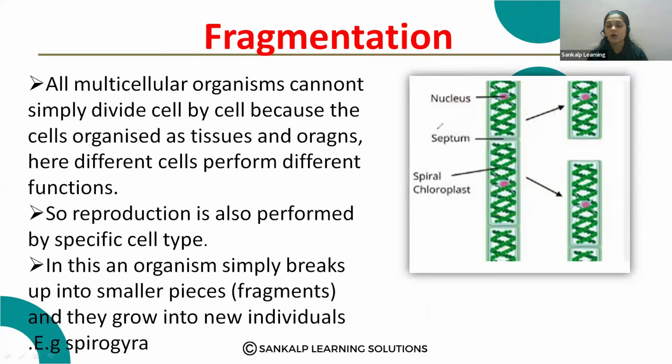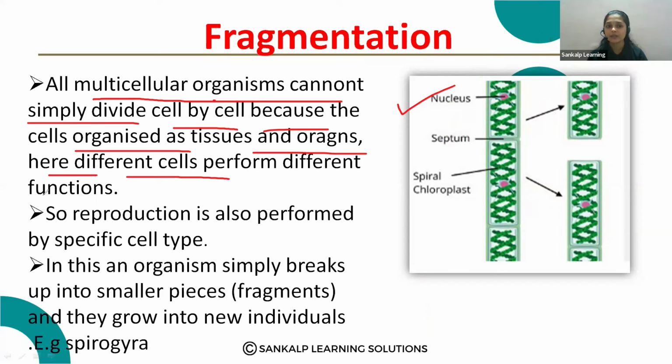This is a multicellular organism. But all multicellular organisms cannot simply divide cell by cell, because the cells are organized into tissues and organs. Here different cells perform different functions. Just imagine Spirogyra is a multicellular organism, but do all multicellular organisms perform this type of reproduction, fragmentation?